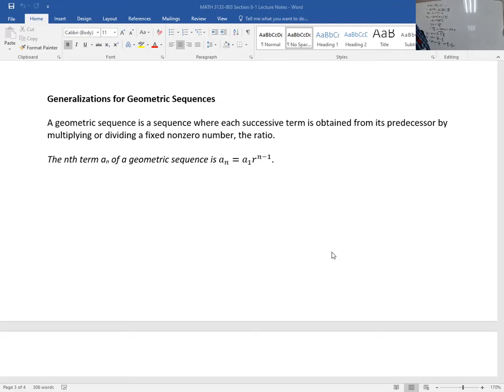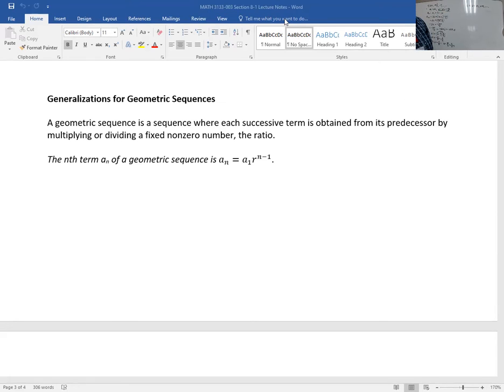So a geometric sequence would be something like this. Let's say it had 3 and then 9, 27, 81, 243, and so on. This is an example of a geometric sequence.